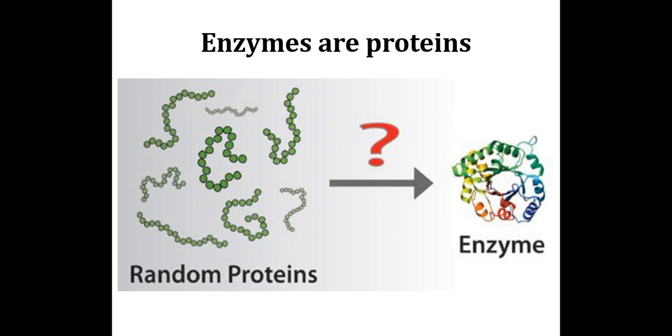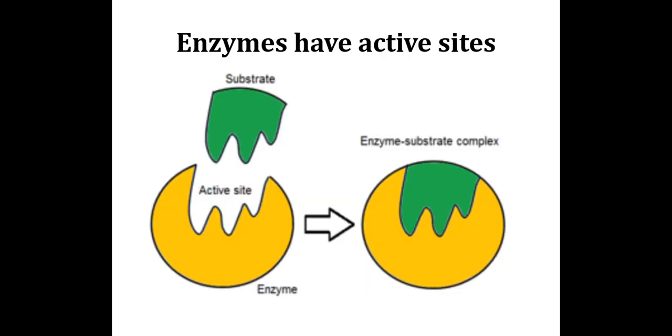Now what happens during such tertiary and quaternary structure organization is that the amino acid residues form small clefts, and those clefts are called active sites. So you are looking here at random proteins assembled to form the secondary, tertiary or quaternary structure of a protein, that is called an enzyme.